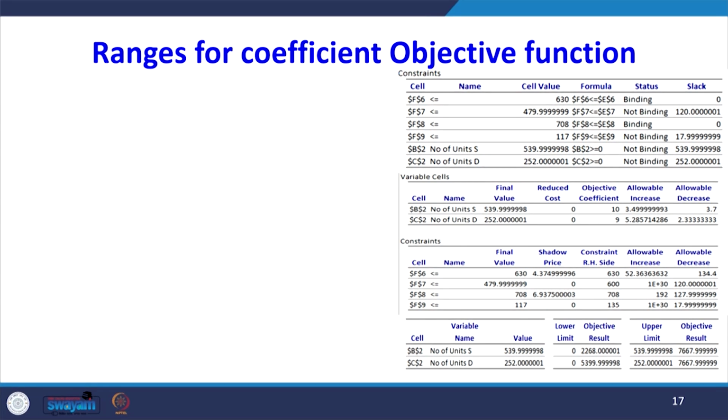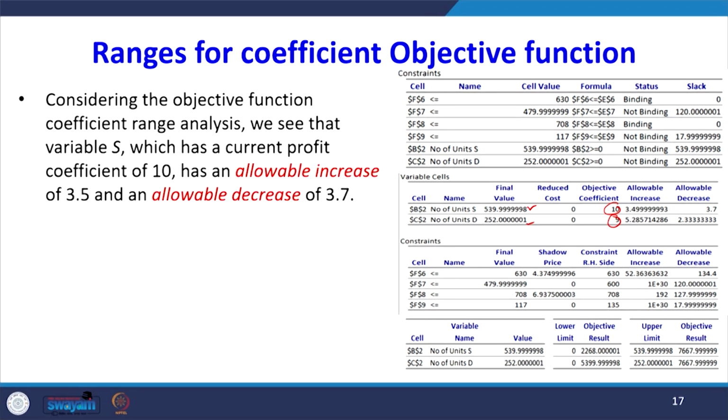Then we will talk about ranges for the coefficients of the objective function. Where is it? This one. Currently the coefficient of S is 10 and the coefficient of D is 9. This is called the range of optimality. Consider the objective function coefficient range analysis. Here you have to concentrate.